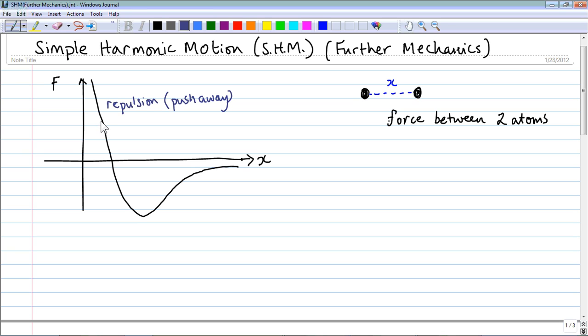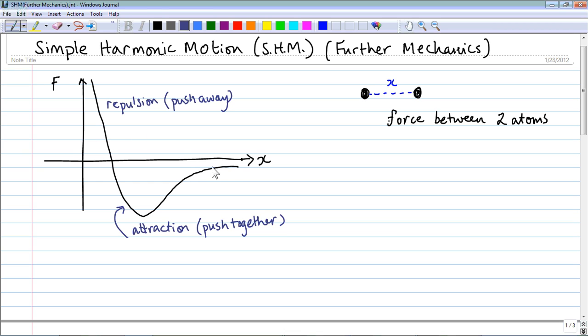They won't stick together. On the other hand, if the atoms are further away, you get a force in the opposite direction, pushing the atoms closer together. So pushing together at a certain distance, pushing away at a closer distance.